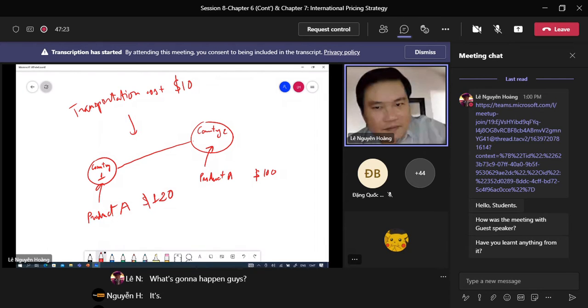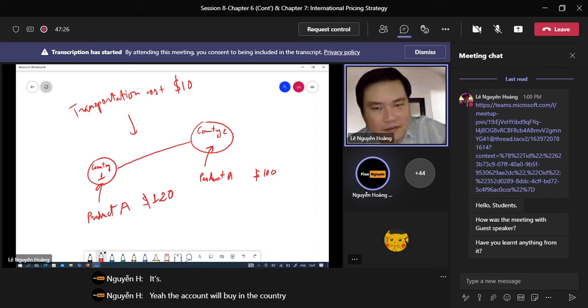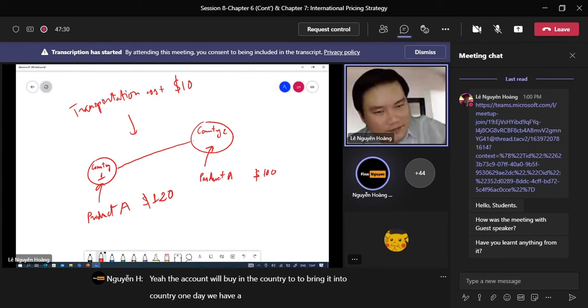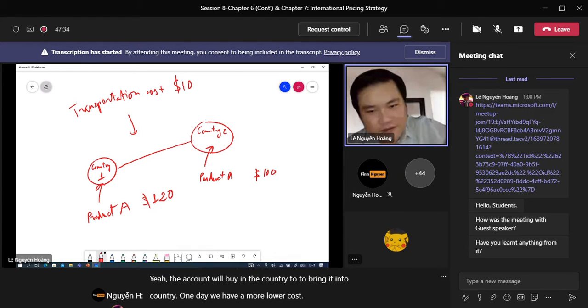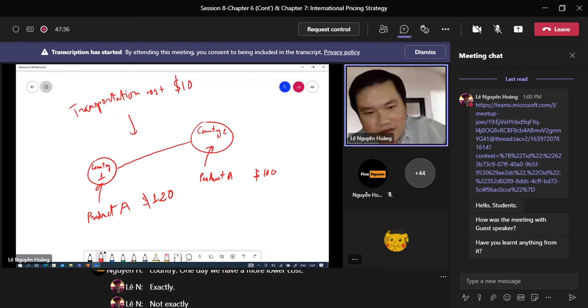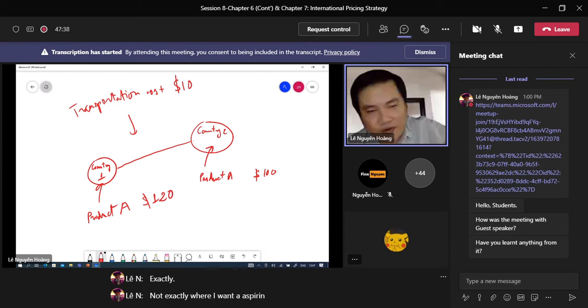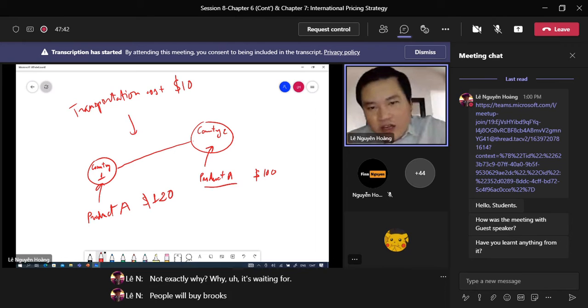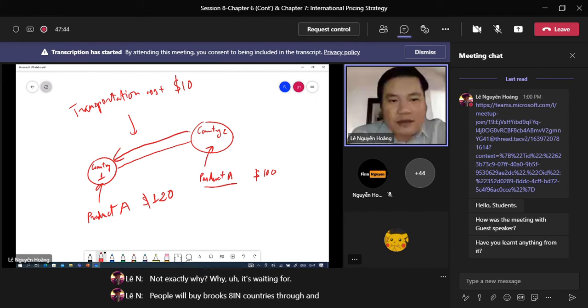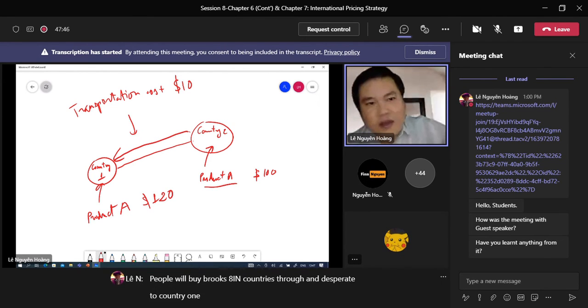The buyers will buy in country 2 and bring it into country 1, then they will have a lower cost. Exactly. That's exactly what I'm aspiring for. People will buy box A in country 2 and then export it to country 1. Why? Because the transportation cost is just $10.